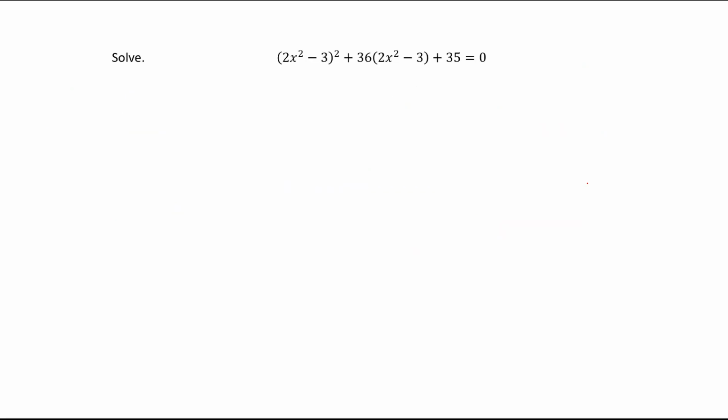So let's just do an example. All right, so here you've got (2x squared minus 3) squared, plus 36 times (2x squared minus 3), plus 35 equals 0. Well, if I say that u is equal to 2x squared minus 3, this stuff in the parentheses, then I can rewrite my equation as u squared plus 36u plus 35 equals 0.